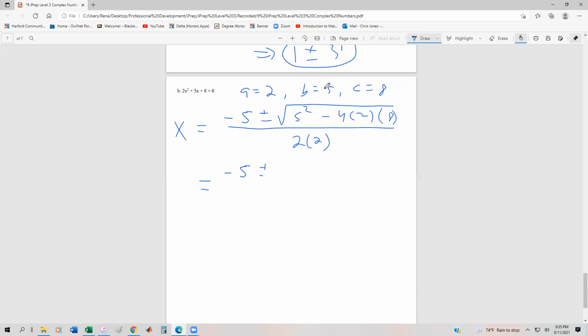So negative 5 plus or minus the square root of 25 minus 4 times 2 is 8, 8 times 8, 64, divided by 4.